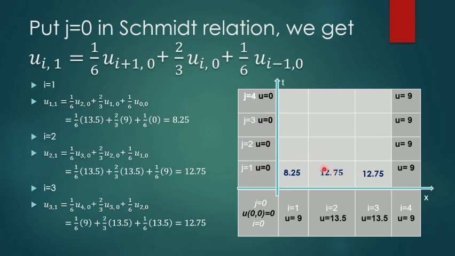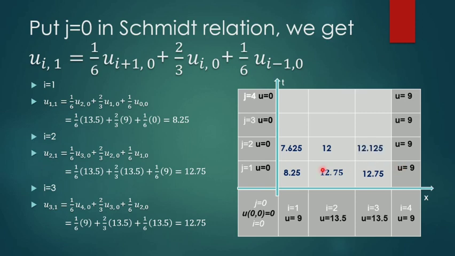Okay, so you substitute in this formula and obtain these values, 7.625, and here you have 12, and here the value is obtained from these three values and it is found to be 12.125.